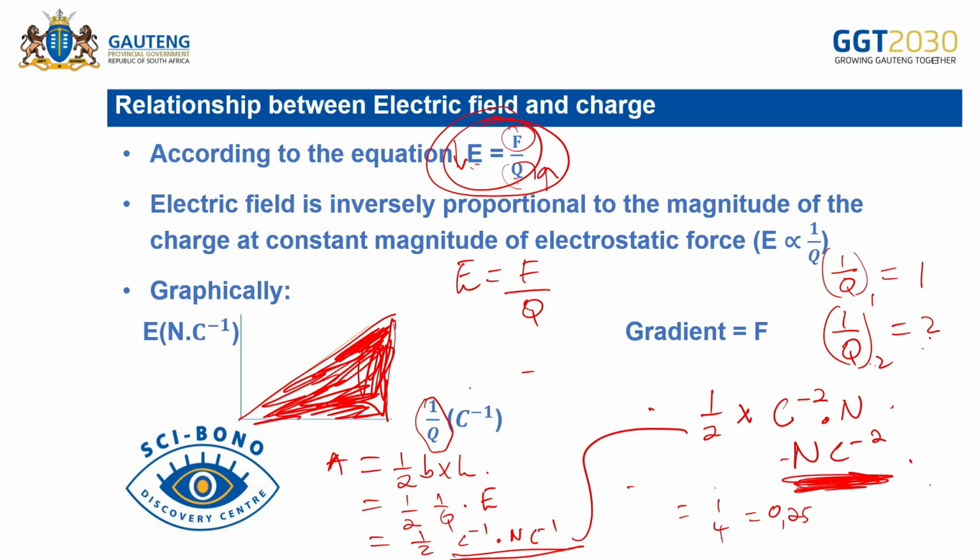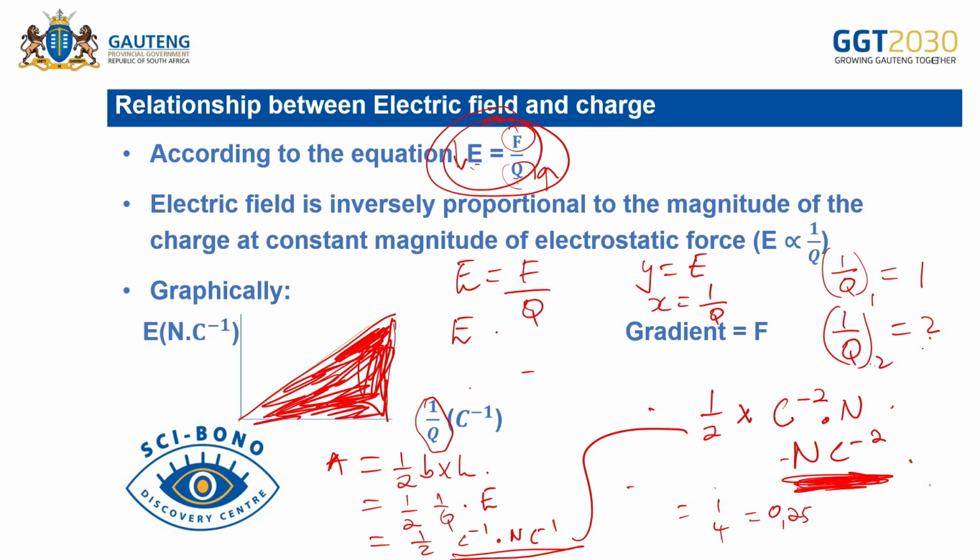Then arrange this equation in the form of y equals mx plus c, because this is a straight line. What is your y in this case? It is E. What is your x in this case? It is 1 over q. Then rearrange this equation in the form of y equals mx plus c, making sure that your y is E and your x is 1 over q.